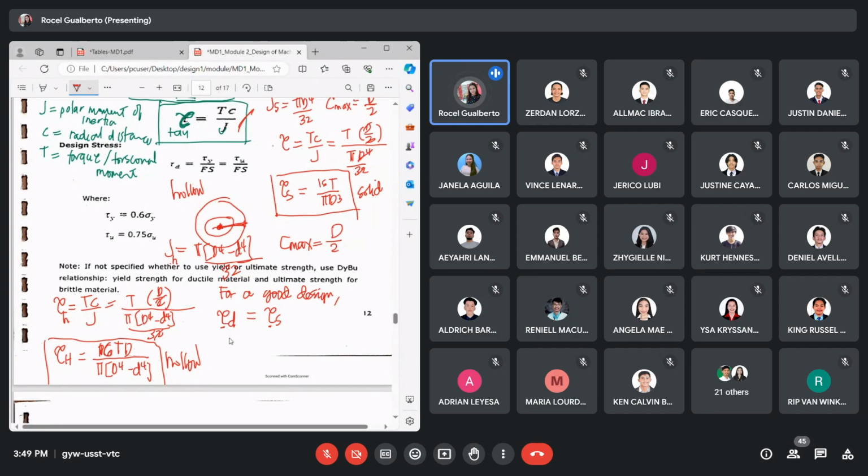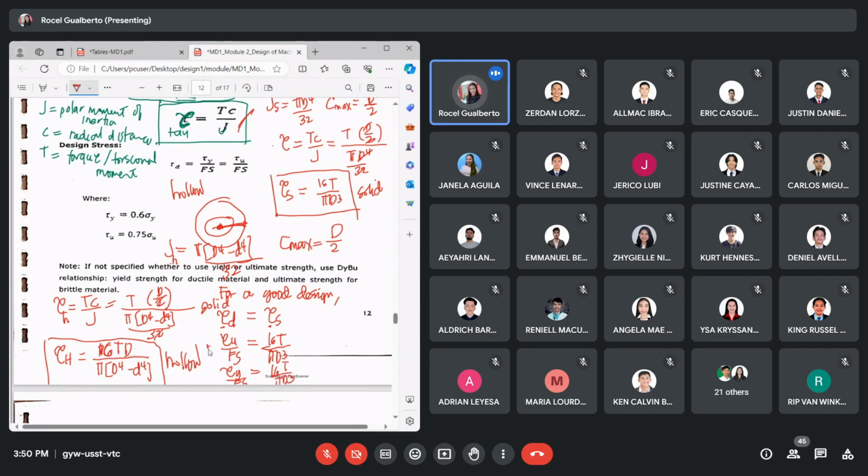So yun po yung ating tatandaan. Dapat po parehas. So kung solid po iyan, then we say this is equal to what? 16T over pi D cube equal to tau D. This can be tau U over factor of safety. Pwede din po na tau Y over factor of safety equal to 16T over pi D cube.